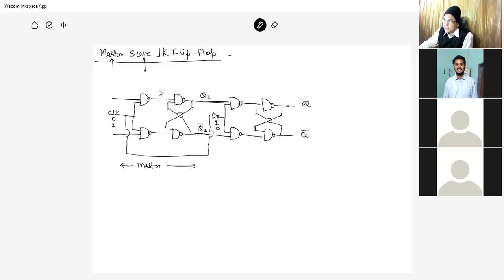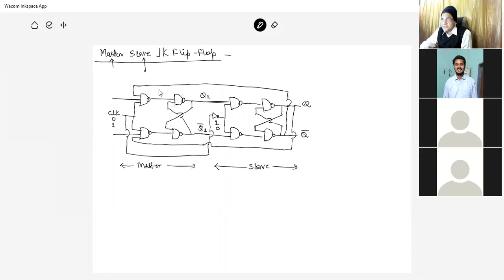There is another latched case: this output Q is taken as the input of this master, and this Q bar output is fed back to the input of the master, so that what is going to be the output must be well known to the master. This part is known as the slave.